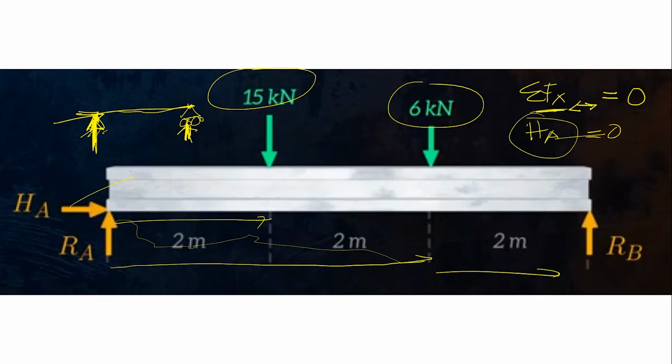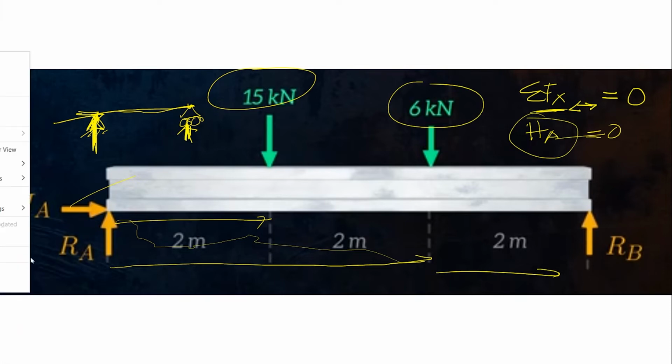What about the vertical? How can we have the vertical? We can have a moment with respect to A. Summation of moment with respect to A. So how do we do that?